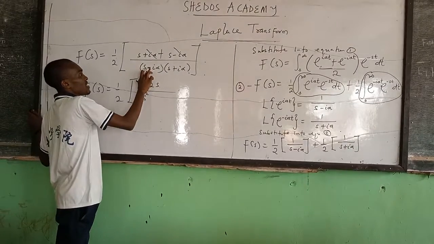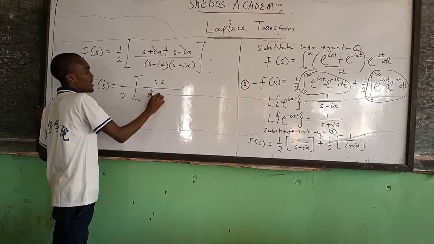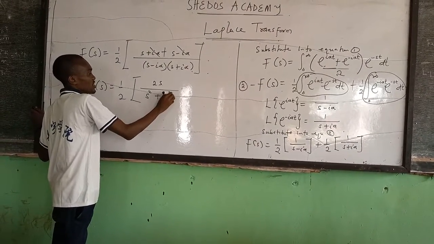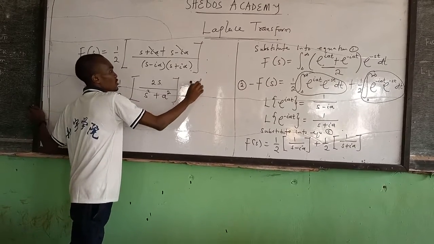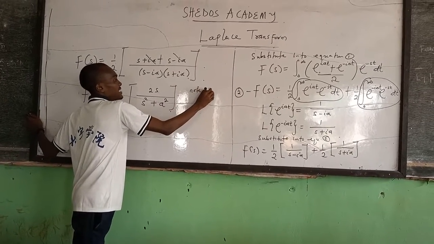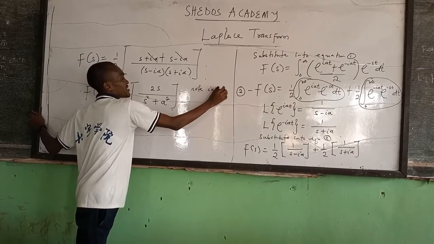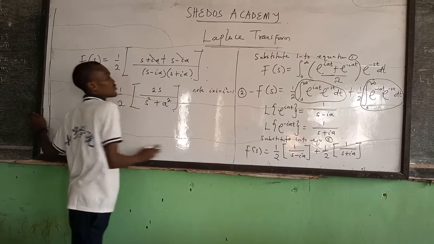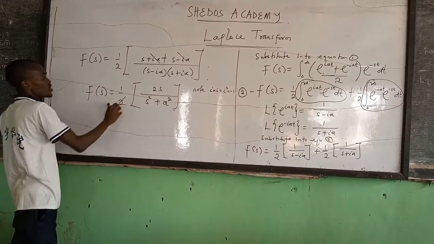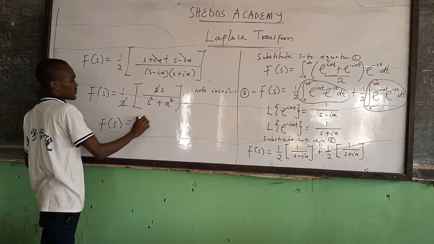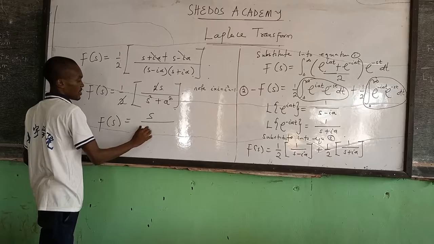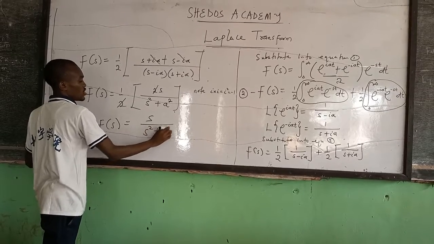So the minus multiplied by this minus, you have it as plus a squared. With a small note that i times i is i squared, which is minus 1. So these two cancel these two. Our Laplace transform becomes s over s squared plus a squared.